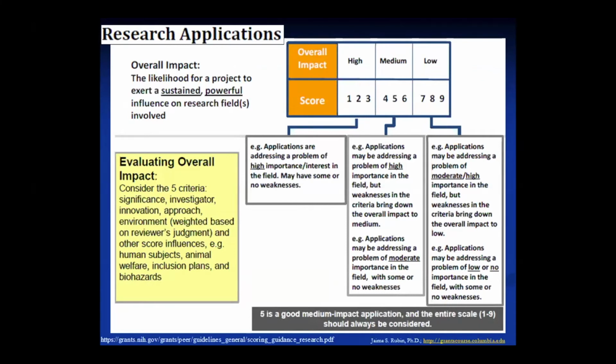More information from NIH, I would say that generally speaking, one tries to get an overall impact score in the high range, 1, 2, or 3, for having a chance of getting funded.